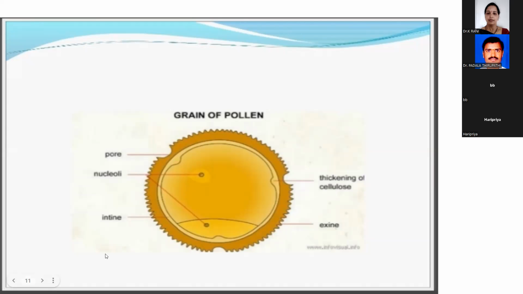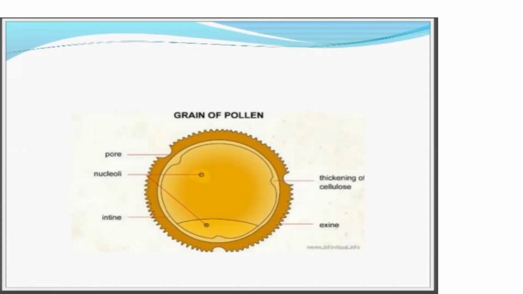In some pollen grains, we observe apertures and sculptures, and differences in shape, size, and the chemical nature of the layers. According to Erdtman, there are four types of apertures commonly observed in the pollen grain.